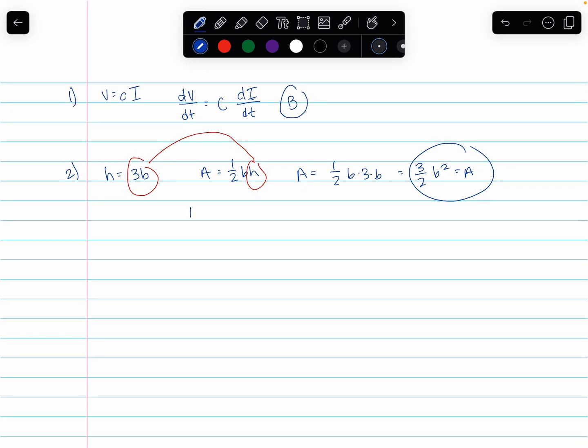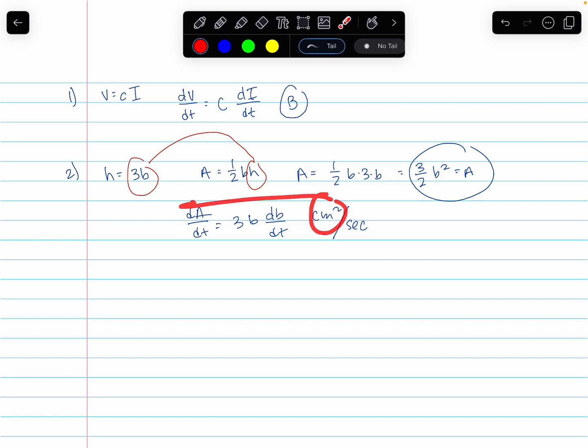We'll call it dA/dt, which is going to be equal to 3b db/dt. So you drop the 2, that's going to cancel with the 1/2 right there, making it 3b. Then you're going to have to multiply by the derivative of b with respect to t. And then that right there is going to be equal to centimeters squared per second.